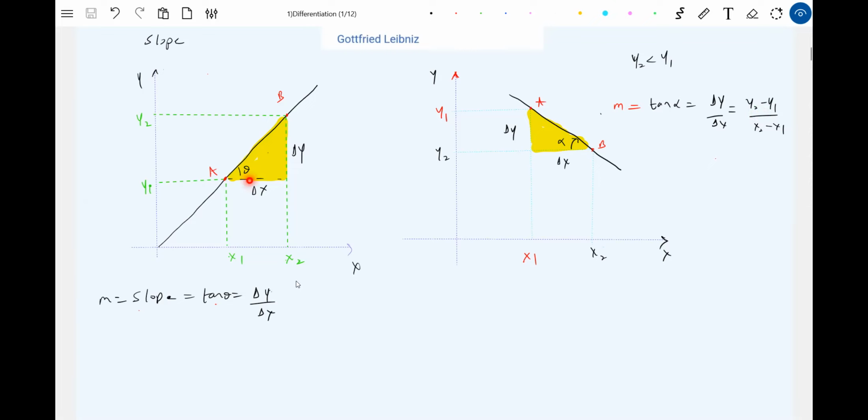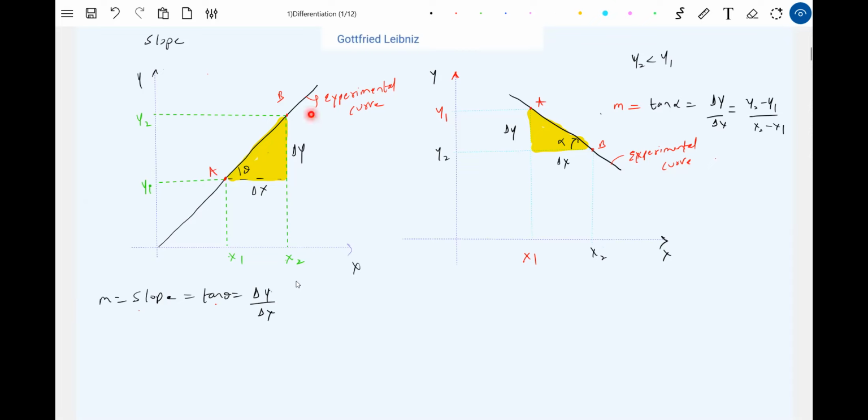Or you measure it with a protractor. You do one thing: take a protractor and measure the angle made by this line. This is what we'll call an experimental curve.